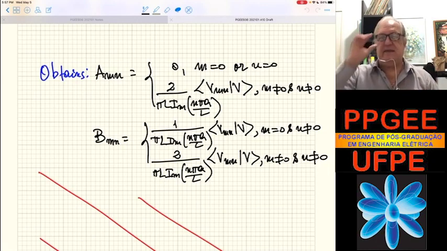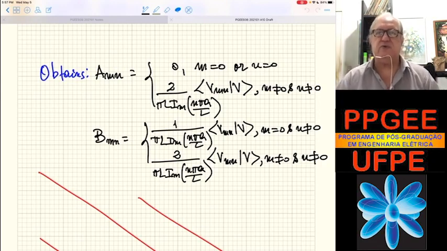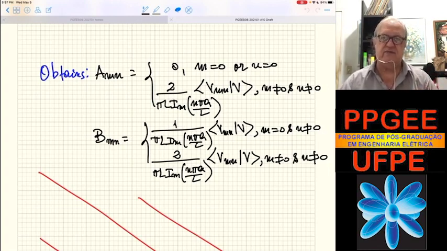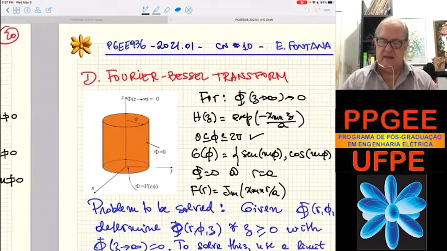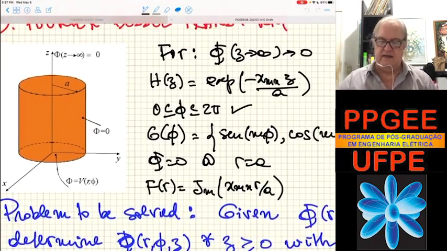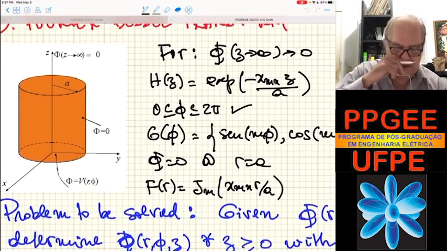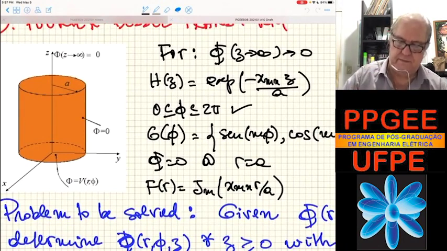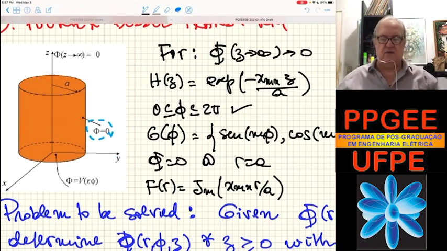We just showed you that we can expand functions in the radial domain using those orthogonal sets of functions, right? The question is this: what happens if we have the problem in the cylinder, radius a, potential is grounded on the wall?